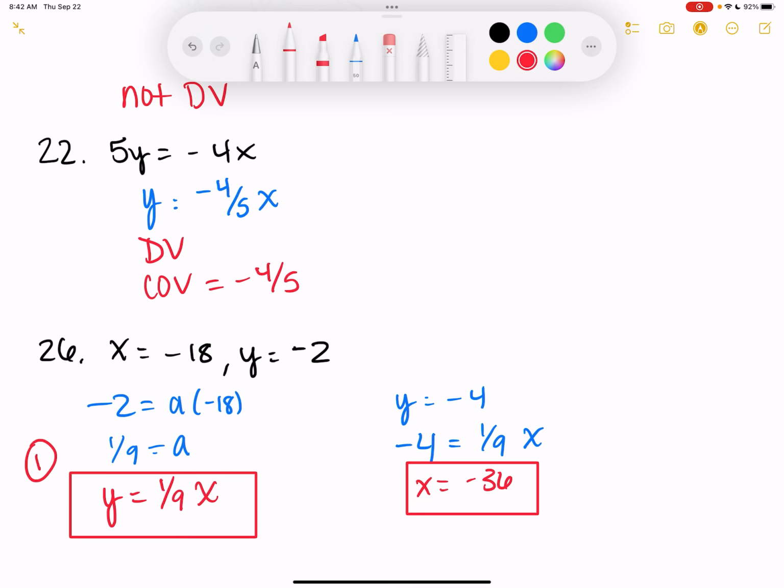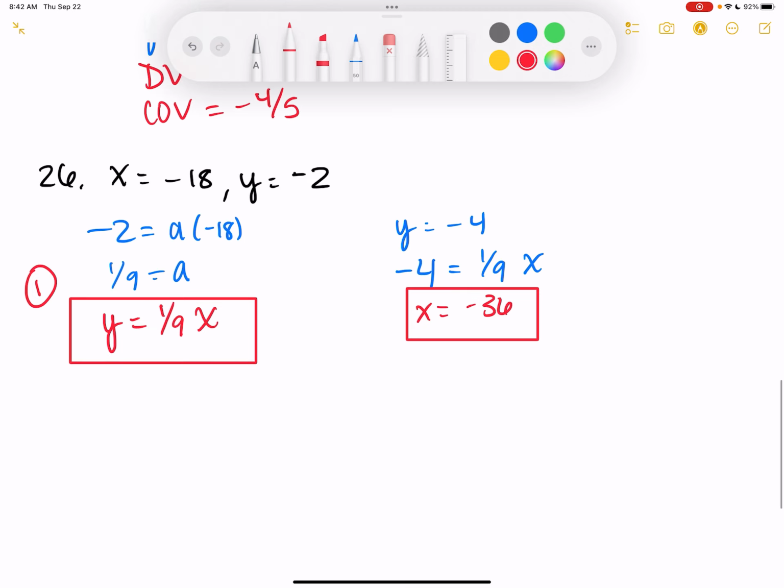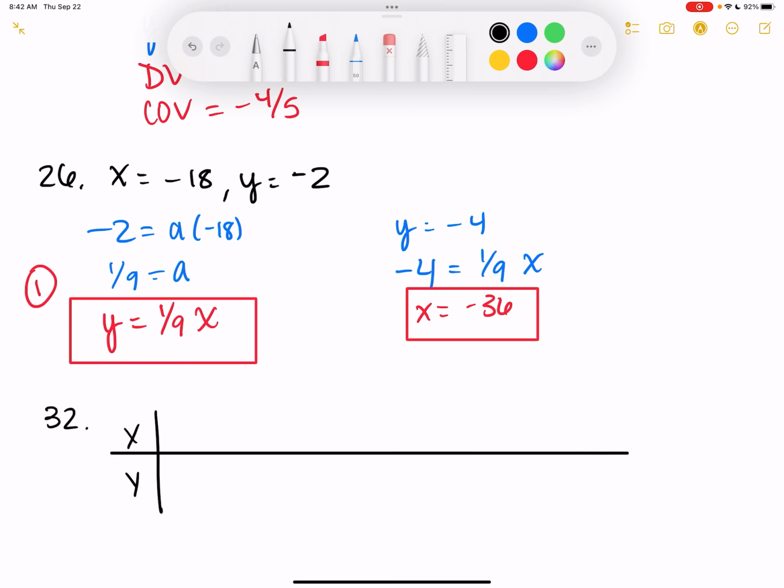All right, so these next ones give you a table. So it's an x and y table, and they put values in here.